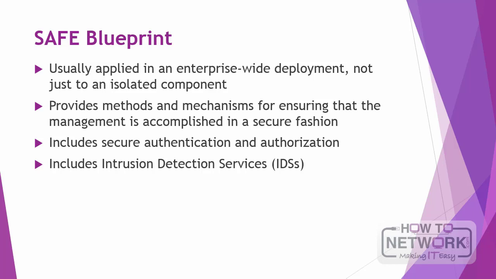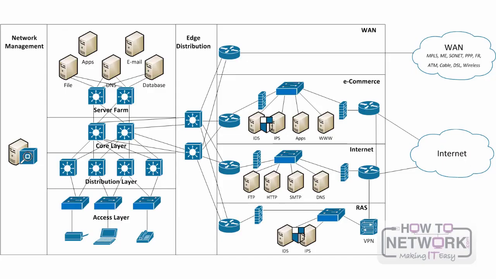It also includes intrusion detection services for critical resources and networks. The SAFE blueprint provides ongoing support from Cisco for all the emerging technologies it provides. The SAFE blueprint allows you to apply a systematic approach to security from a modular standpoint.